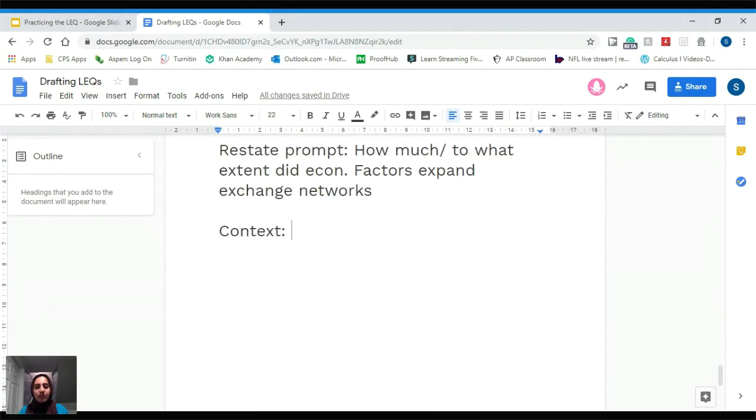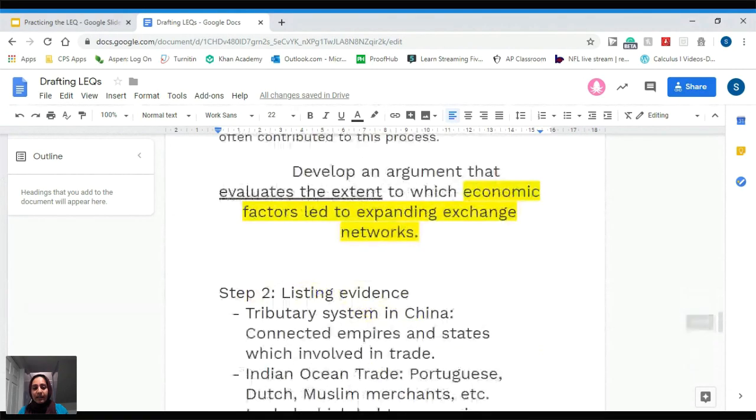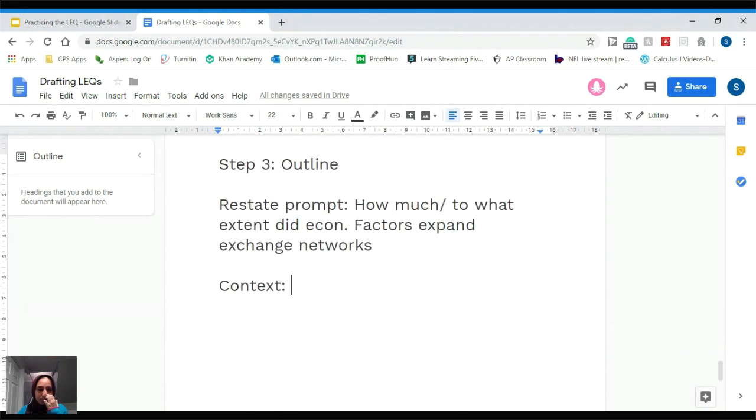How did this all happen? How did we get this ability to expand our exchange networks? What tools did we have? What did we do that allowed us to get here? You guys have any idea, anything that we could use for context?